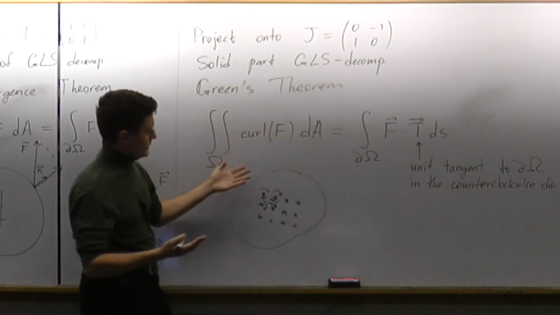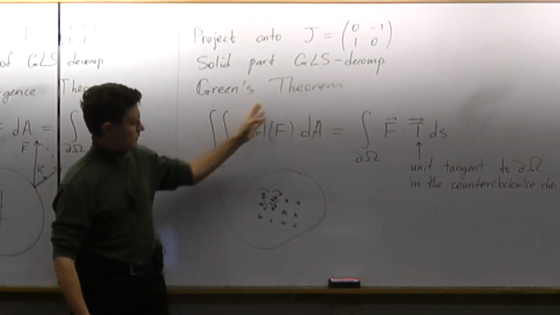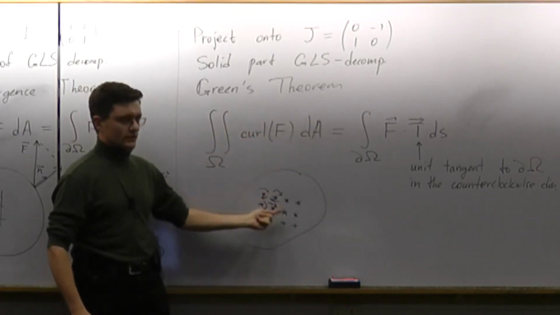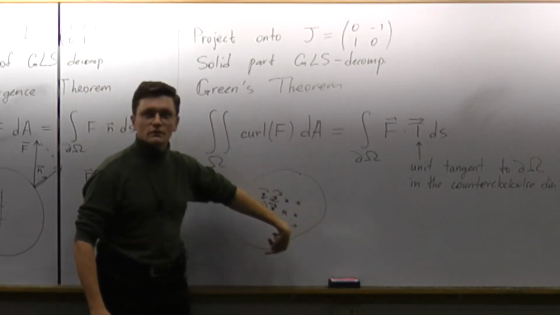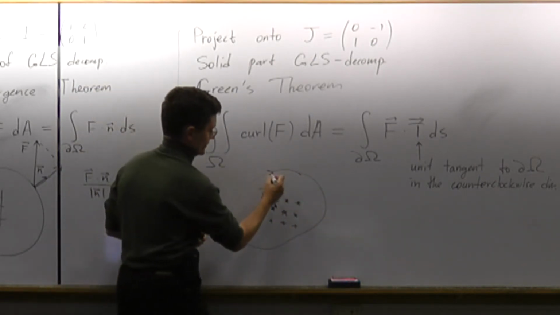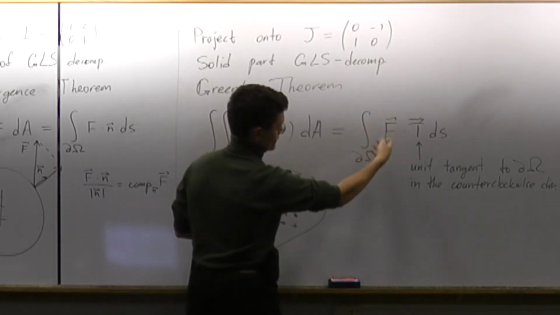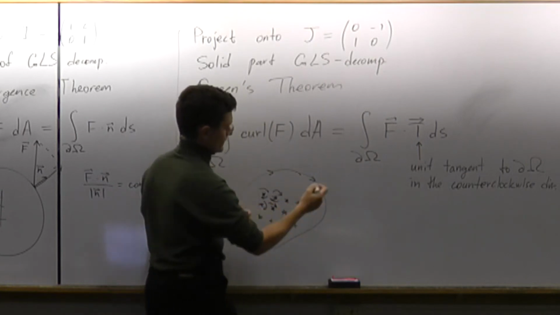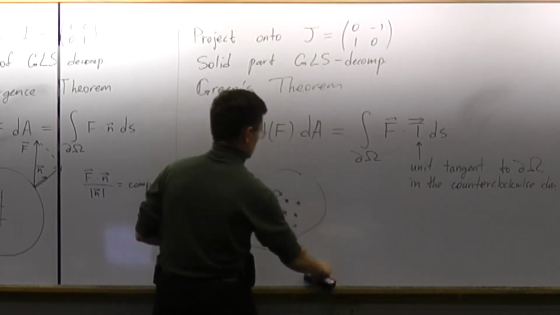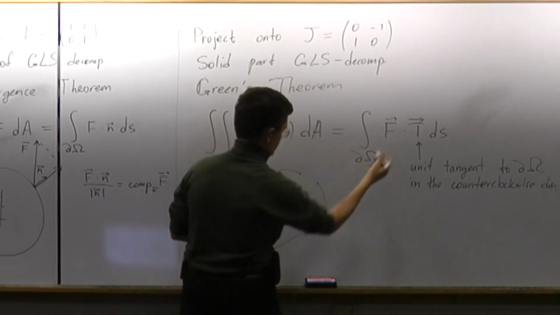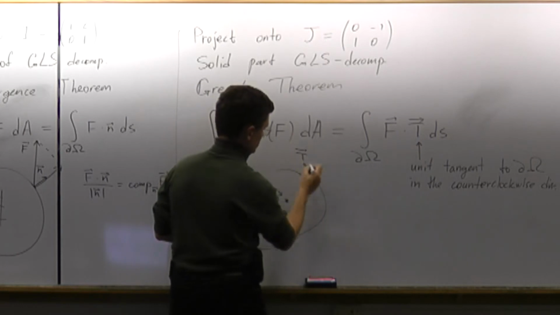Now, if you assume additivity at this point, then the theorem says basically that the circulation that you measure inside can be measured actually on the boundary as you follow this path and you project. So what is it that you do here? Well, you look at the unit tangent vector in this direction, this T vector.